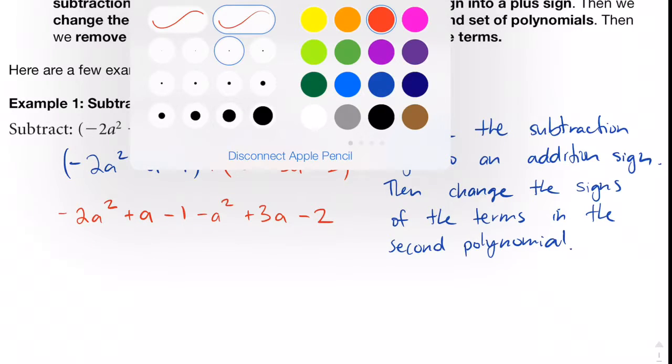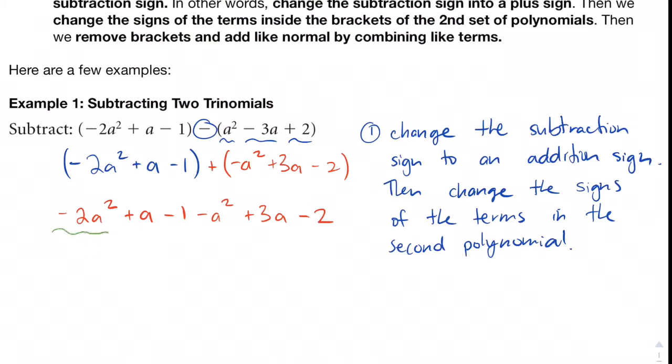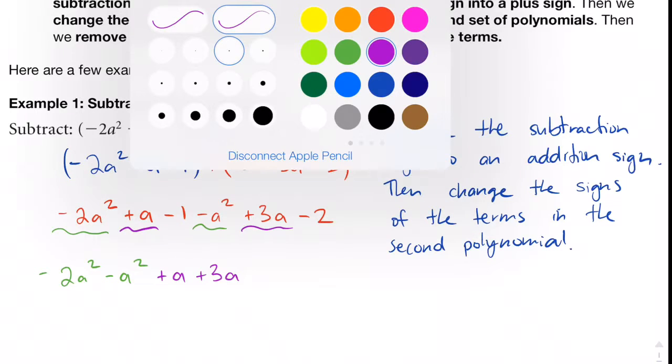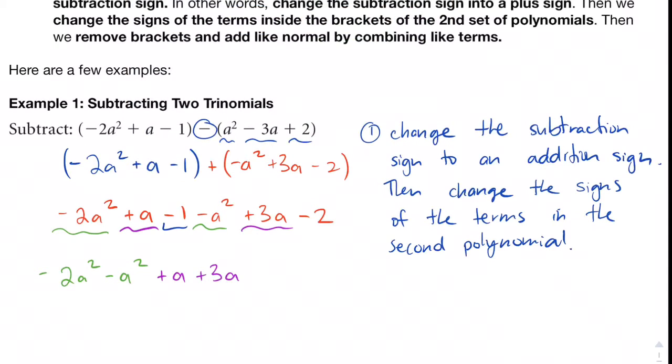Now all we need to do is combine like terms. So you find my a squareds: negative 2a squared minus a squared. I need to take my a's, which is plus a plus 3a. And lastly, we can take our numbers, minus 1, minus 3.